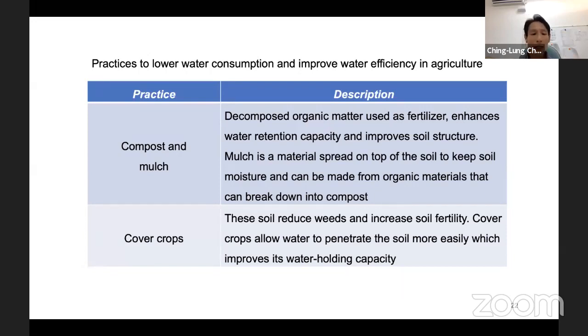And then the next one is cover crops. This reduces weeds and increases the soil fertility. And cover crops allow water to penetrate the soil more easily, which improves its water holding or water retention capacity.